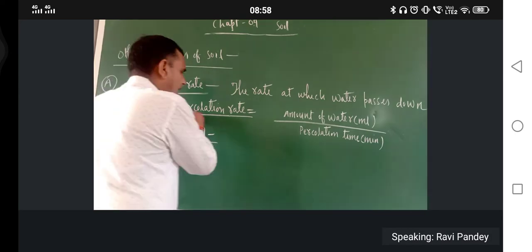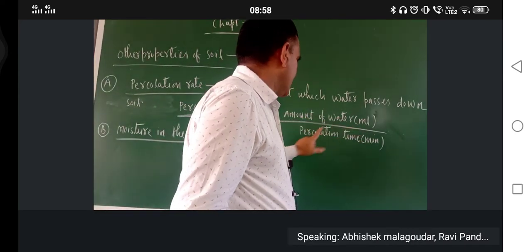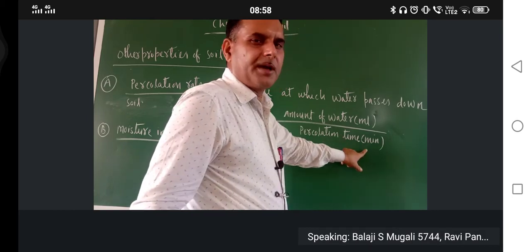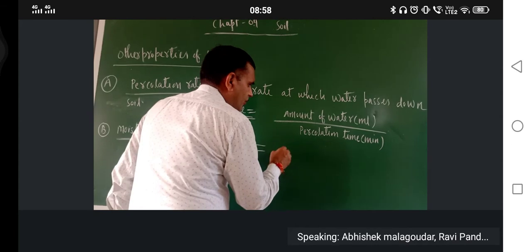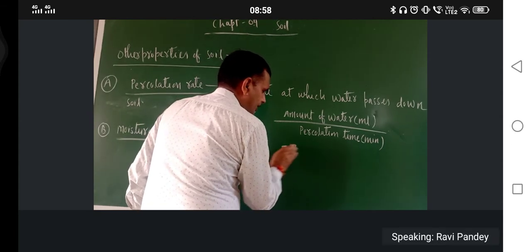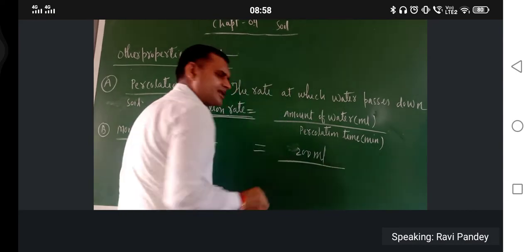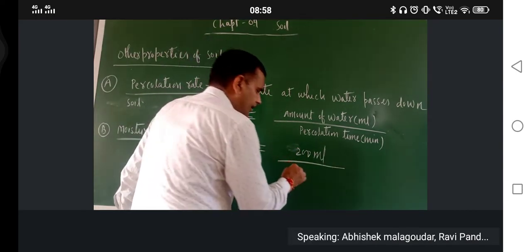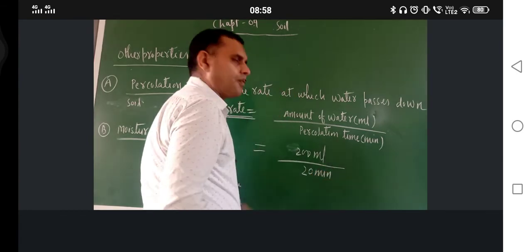What is the formula of percolation rate? Amount of water in milliliter divided by percolation time in minute. Suppose 200 milliliter water you have taken, and this is just an example, 20 minutes time is taken to percolate down.